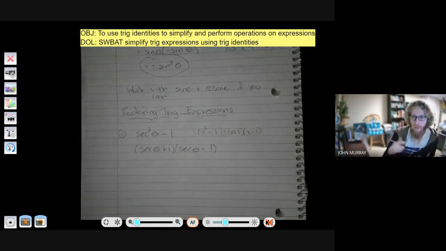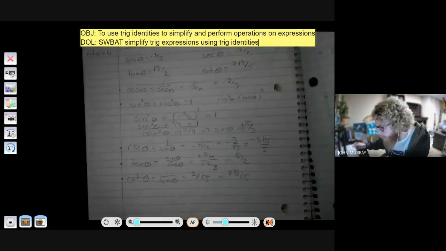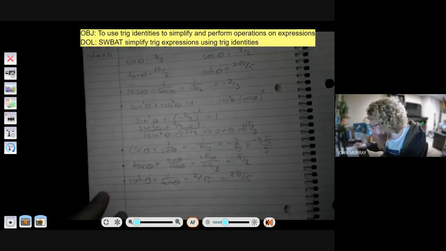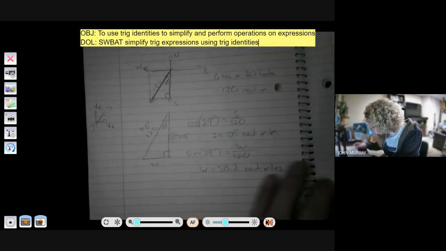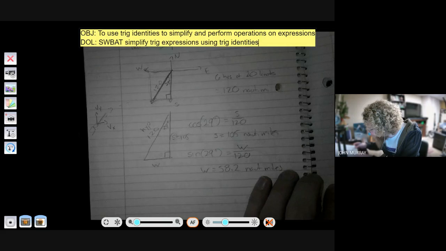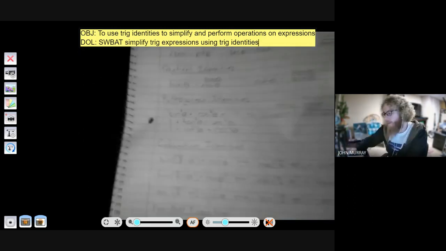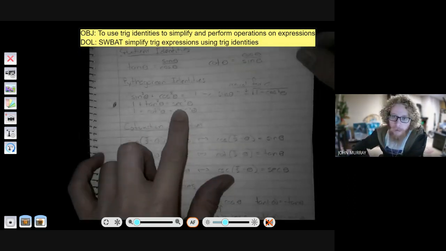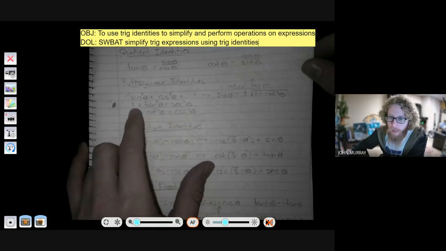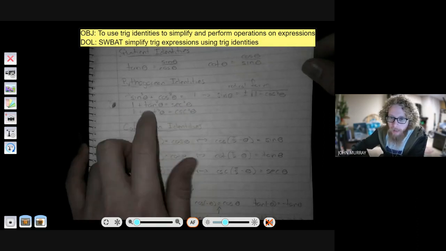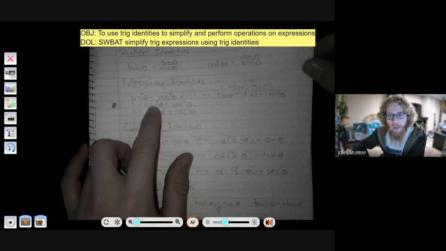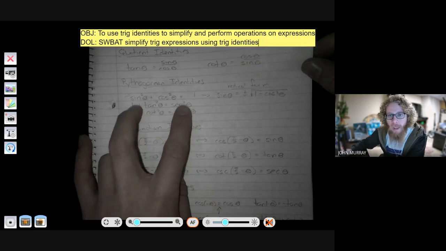Now the difficulty is sometimes, we do have a Pythagorean identity with secant, and that gives us something in terms of tangent. So I can manipulate secant.